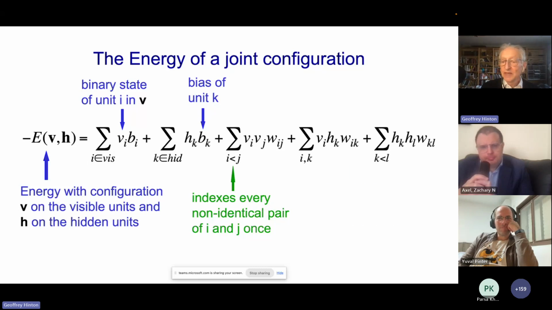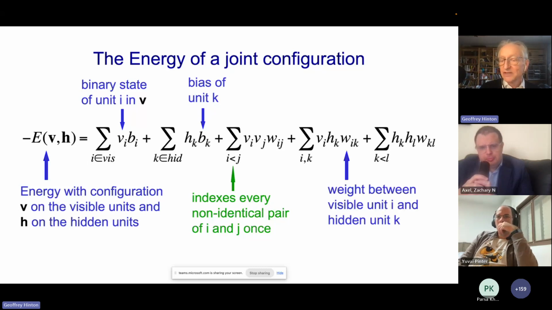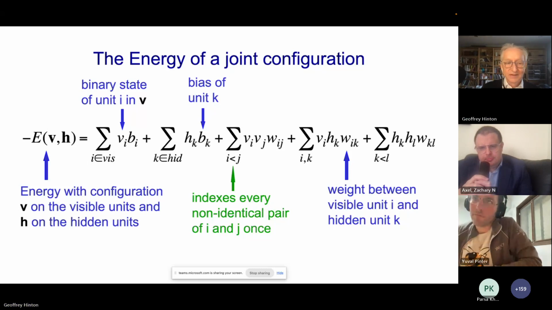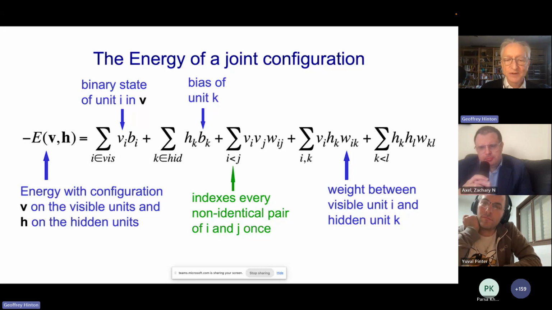Then there are weights, interactions between visible and hidden units, and interactions between hidden units. There's going to be a big energy expression like that. And how the system behaves is going to depend on those biases and those weights.